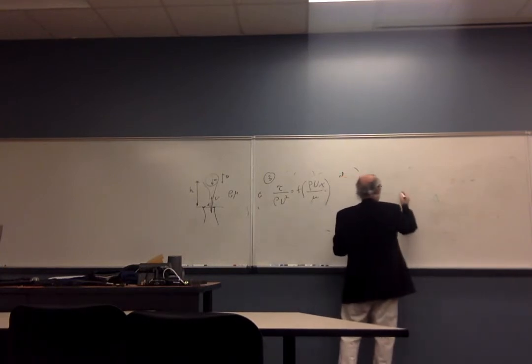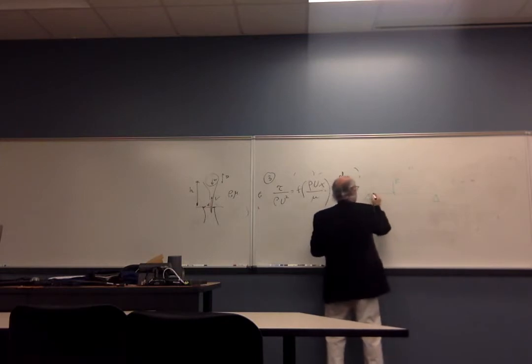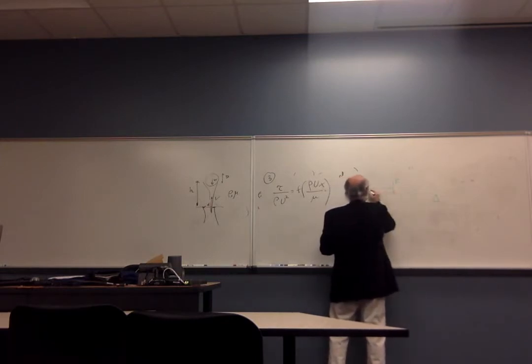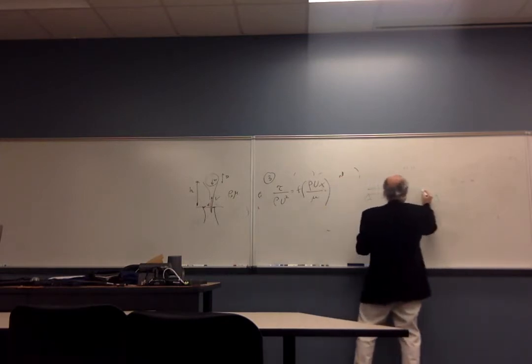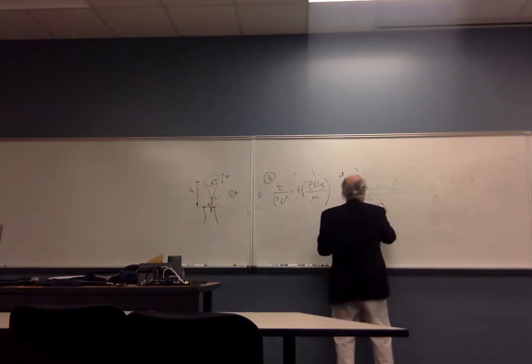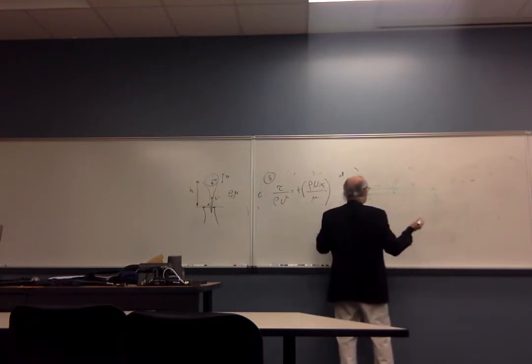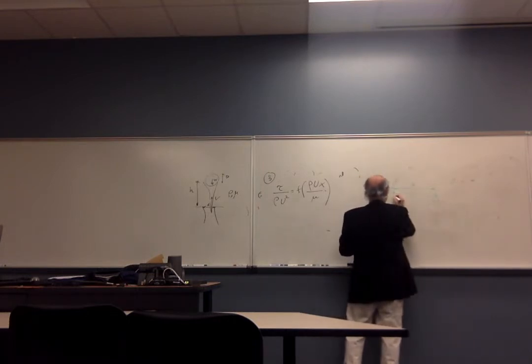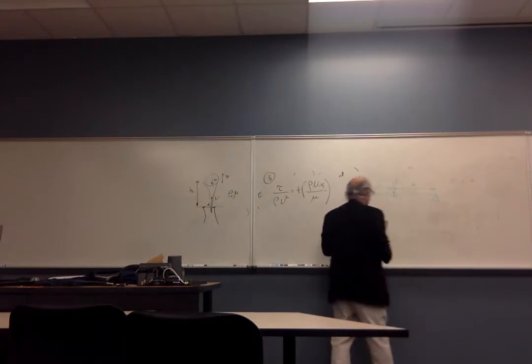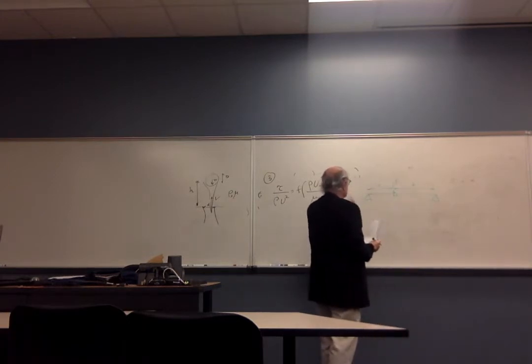We have a beam and a force F on the beam, and this distance is A, this distance is B, and what you're trying to find is the deflection of the beam at where the force is being applied, let's say delta.